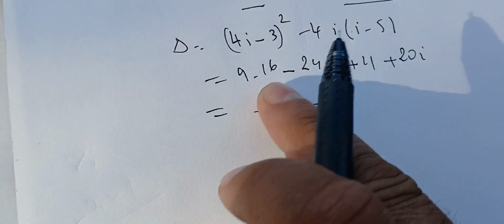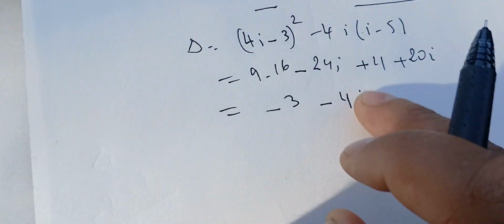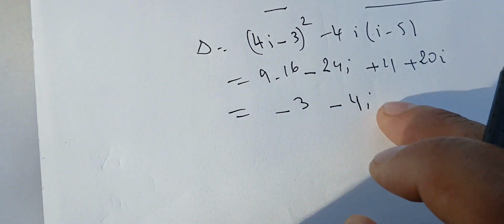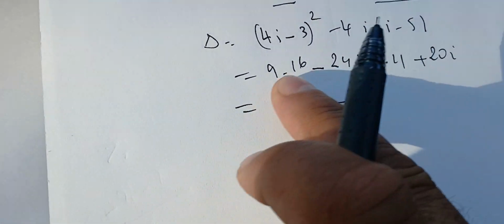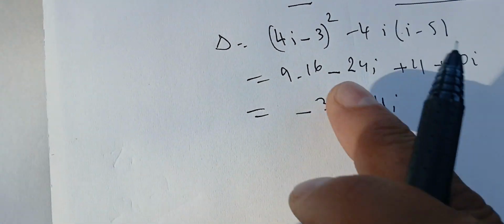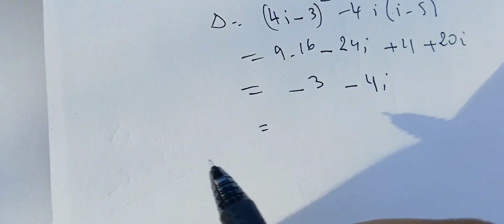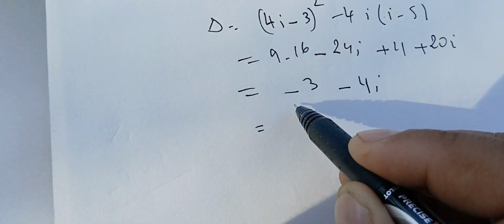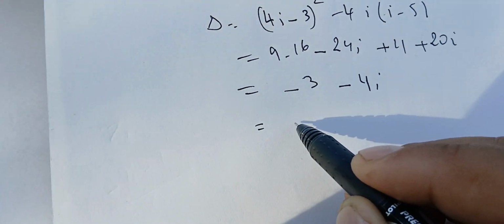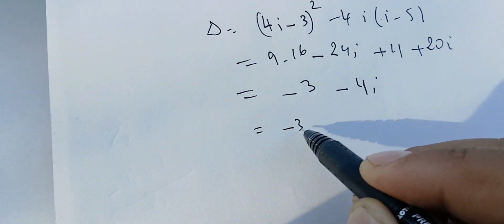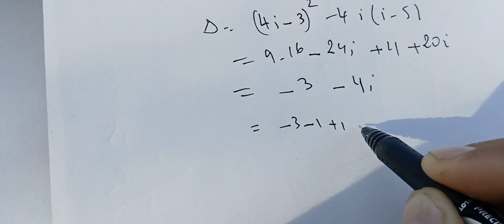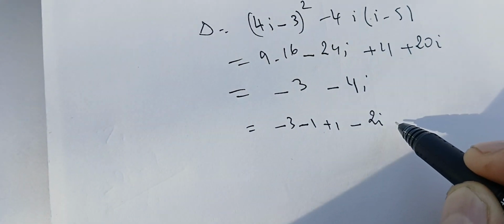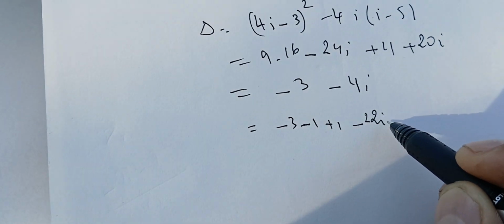We always try to write this one as a square because we want to take the square root of delta. So sometimes it's good to see it. In our case here, we can add and subtract 1, so we have minus 3 minus 1 plus 1 minus 2 times 2i.